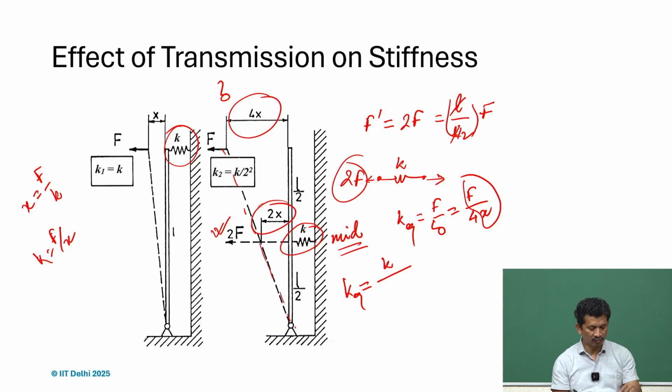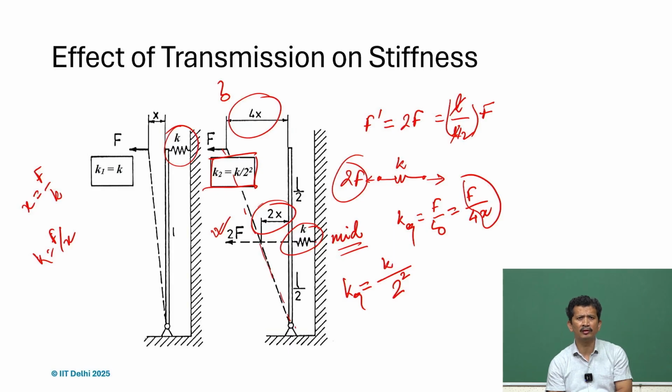And here we know that the point of application, the output and input ratio, is L divided by L by 2. So, that ratio is 2, and if we write it in terms of that ratio 2, what we find is that there is a square term, and that is why we have written here that the equivalent stiffness is k over 2 squared.